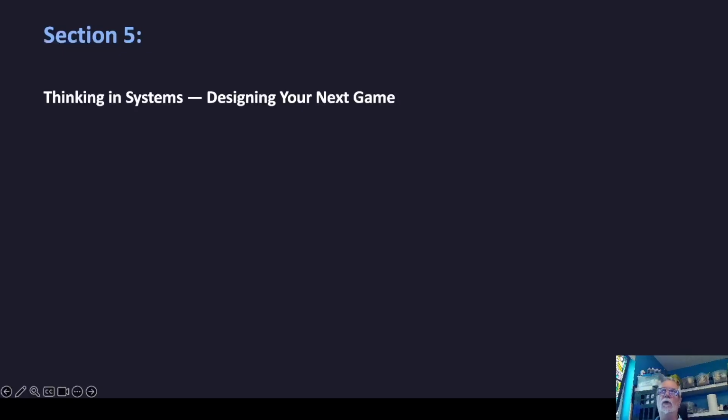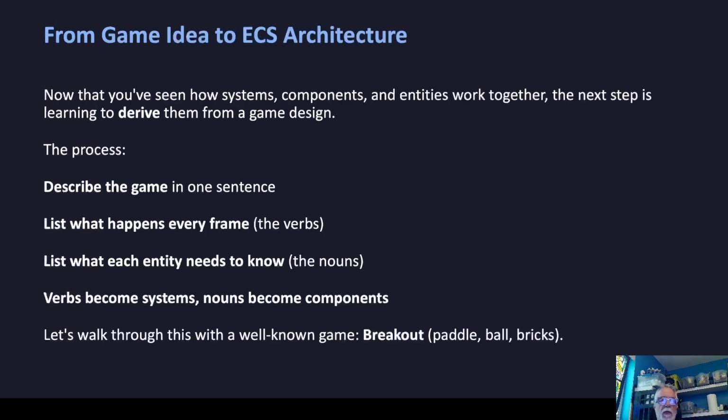Okay, so what we need to do is start thinking about games in terms of systems. We're going to go through an exercise here, just briefly. What I'd like you to do is describe the game in one sentence. For now, we're going to be thinking about simple games, but you'll get the idea.